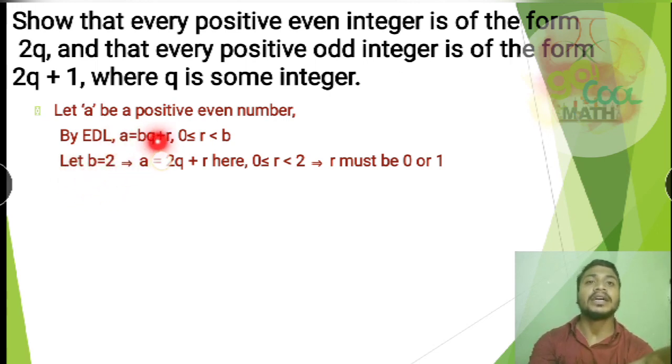Substitute in the given Euclid division lemma, that is a is equal to 2q plus r, and the condition becomes 0 less than or equal to r less than 2. And the meaning of this condition is the remainder is either 0 or less than 2.